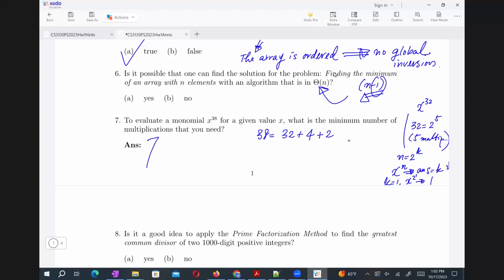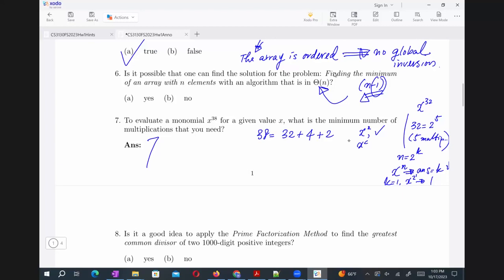But when you calculate x to the 32nd, you went through x squared already. You pass it, so you store it. Don't waste it. Store it somewhere, don't throw it away, because we need to use it later.